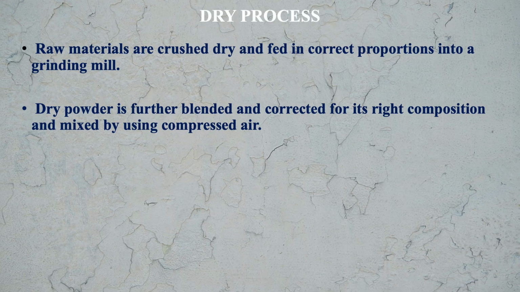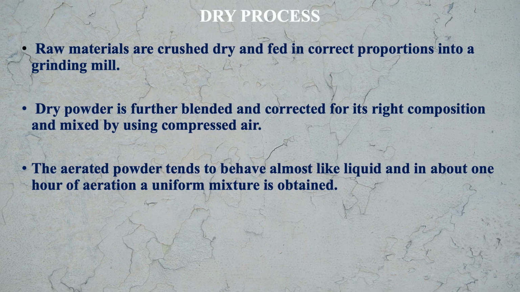So compressed air is used to mix the different components of this powder. The aerated powder tends to behave almost like a liquid, and in about 1 hour of aeration, a uniform mixture is obtained.